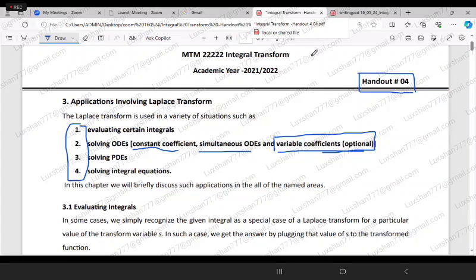If you are thorough in those, the application is just that you take the Laplace transform, then take the inverse Laplace transform, and find the solution.